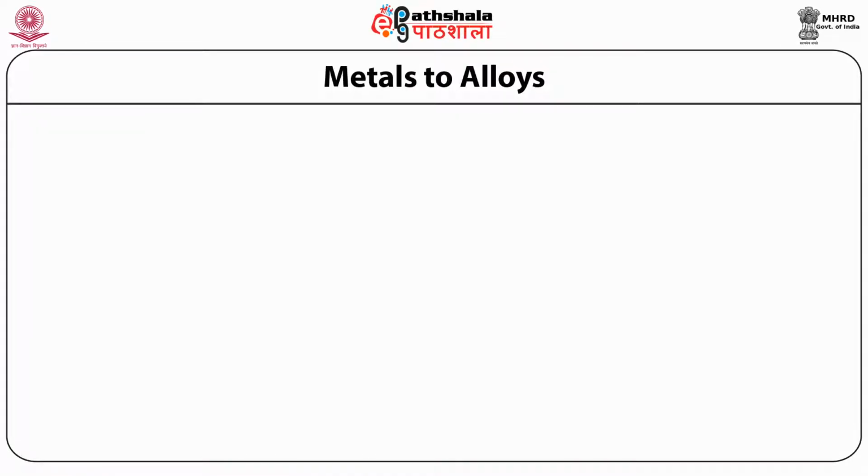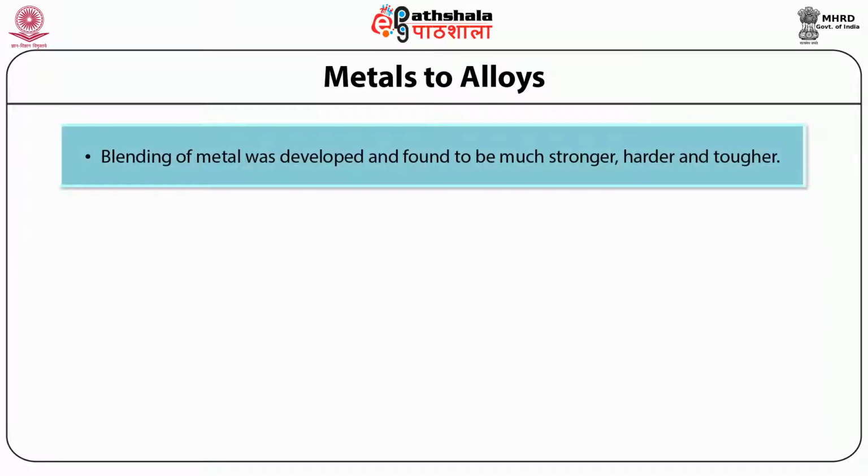Metals to alloys. Gradually, the art of blending metals was developed, and it was realized that an alloy, which is formed by the combination of two or more metals, was much stronger, harder, and tougher than the constituent metals.